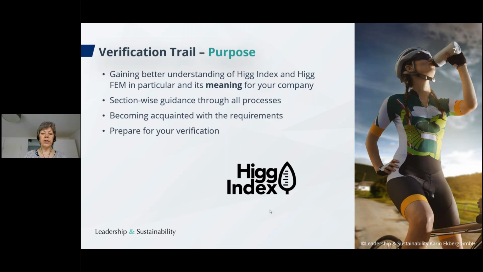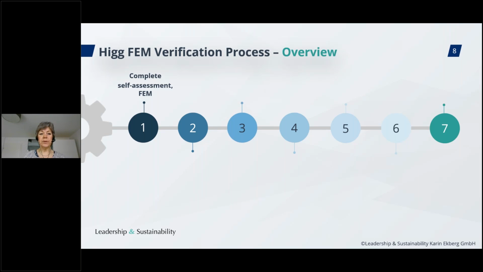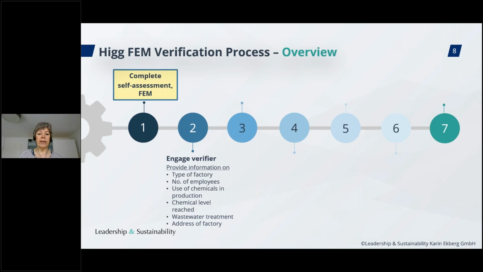The verification process has a few steps. You complete the self-assessment, which you have probably already started doing. Then you engage with a verifier, preferably Leadership and Sustainability. In order to make a proposal to you, we need some information about your factory: the size of the factory and the number of employees.